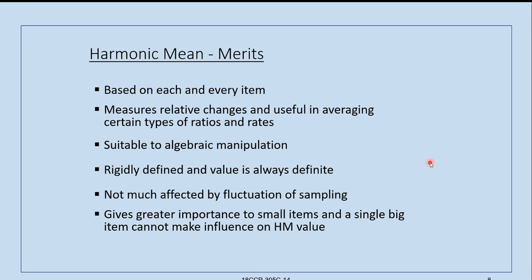And harmonic mean is able to measure relative changes and is useful in averaging certain types of ratios and rates. This point we have seen in geometric mean also. We can calculate the average of ratios and rates, but we cannot calculate the arithmetic mean for these ratios, percentages and other things.